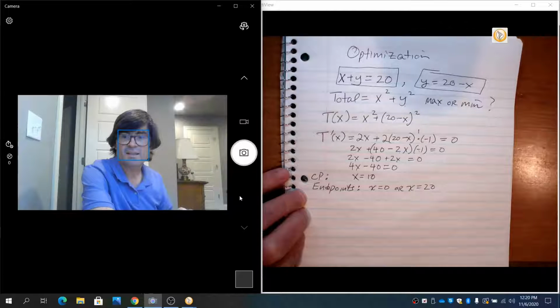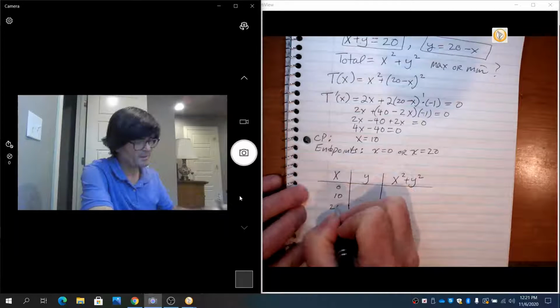And we'll check it on the calculator after we're done. So x, y, x squared plus y squared. I've got 10 with my critical point, 0 and 20 are my endpoints.